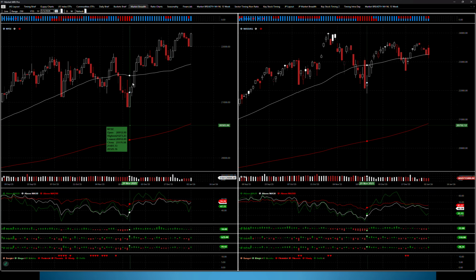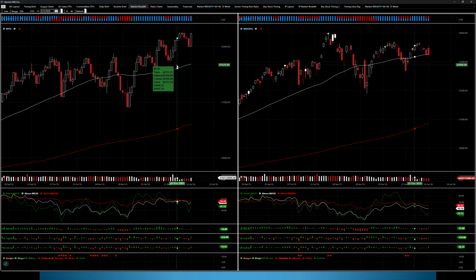On the left is the NYSE composite, but it's not the whole composite. We filter out things like bond funds, and there are a lot of preferred shares and weird stuff in the NYSE. So we're not including the whole NYSE.